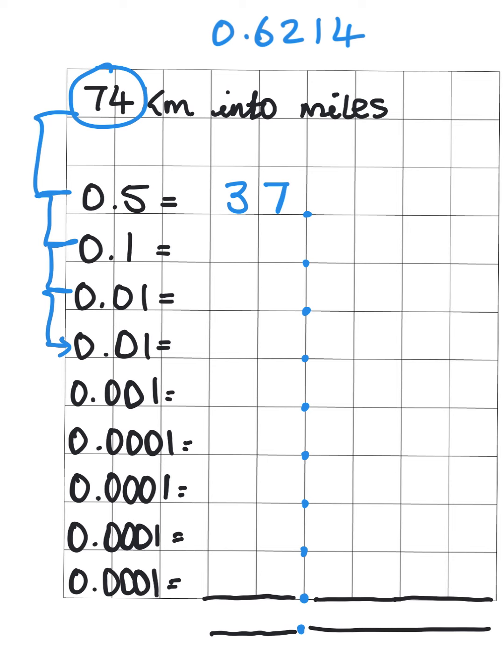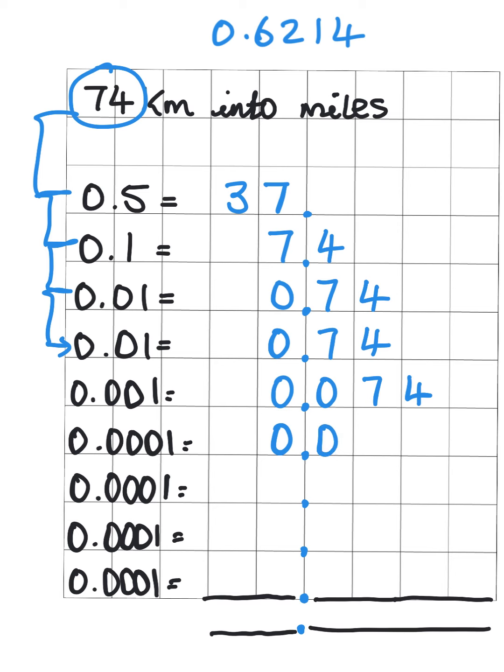So we take our 74, we divide it by 10 to give 7.4. Divide it by 100 to give 0.74. Divided by 1,000 is going to be that. Divided by 10,000 is going to be... Hopefully that beeping's going to stop in a minute.